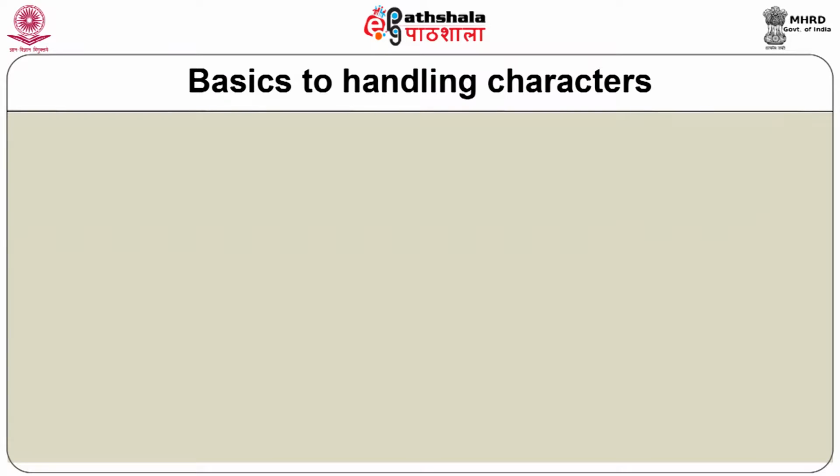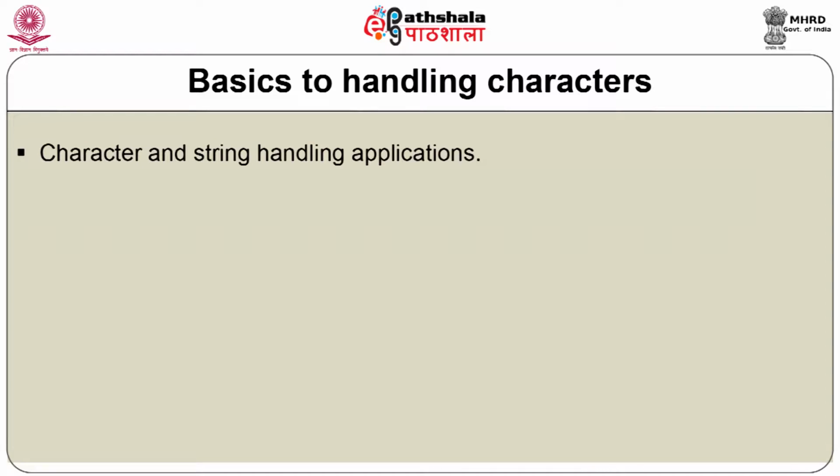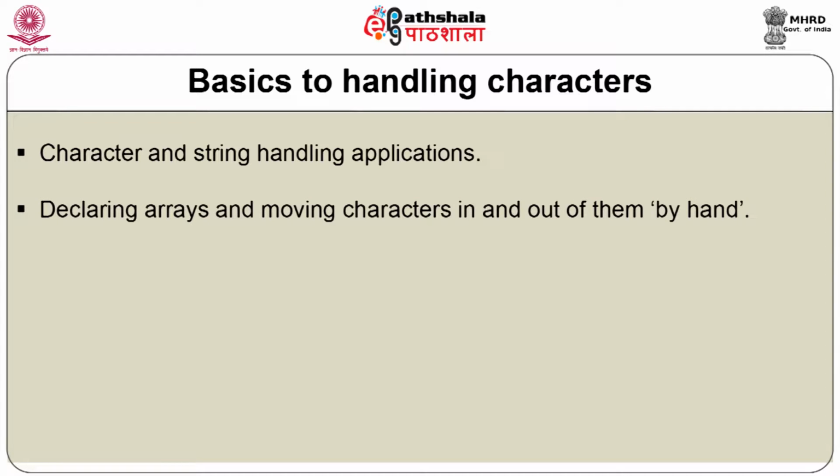Now let us see the basics of handling of characters. C language can be used for character and string handling applications. Character handling in C is done by declaring an array and moving characters in and out of them by hand.